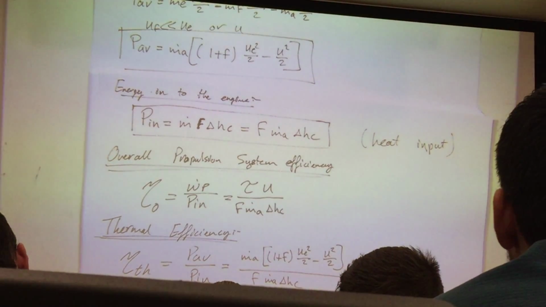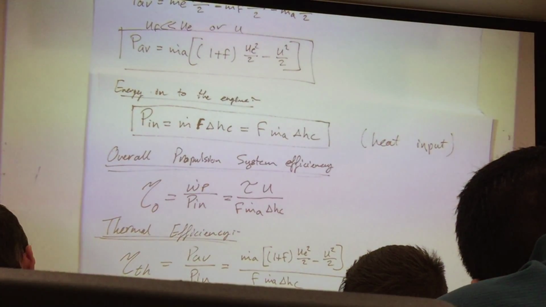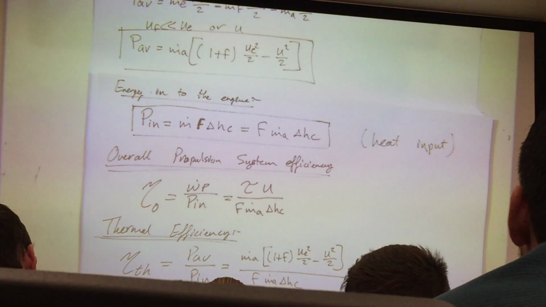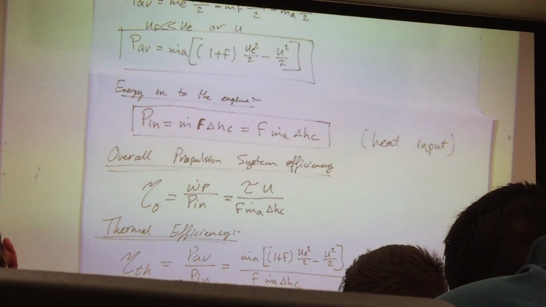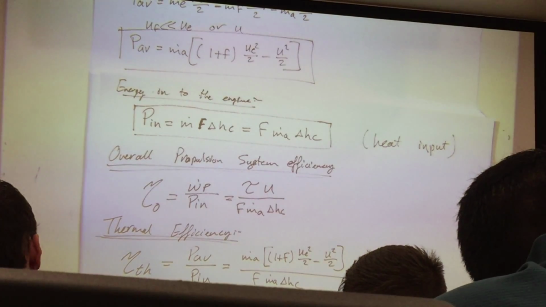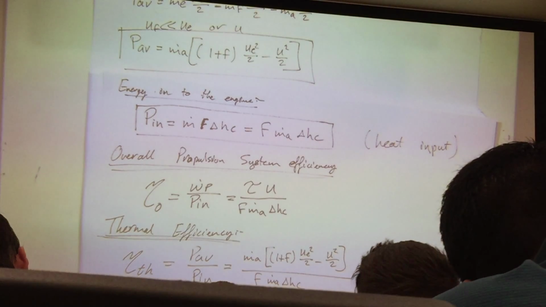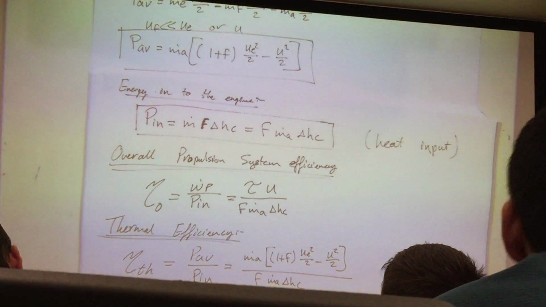So from there, I could simplify this equation and say eta thermal is equal to 1 plus F multiplied by u exit squared minus u squared, divided by 2 fuel air ratio m dot A heat of combustion.